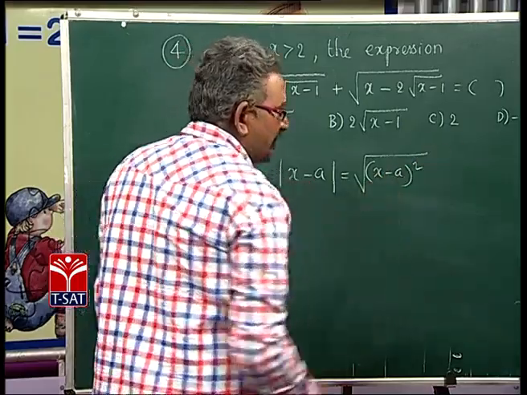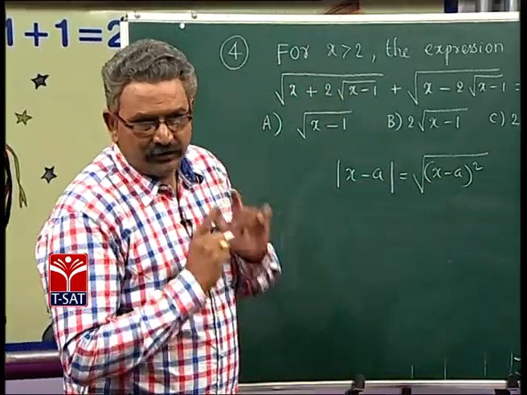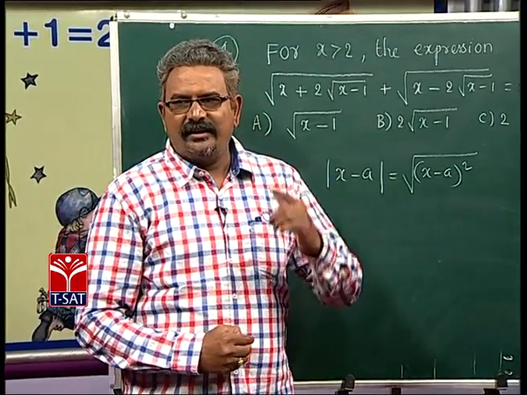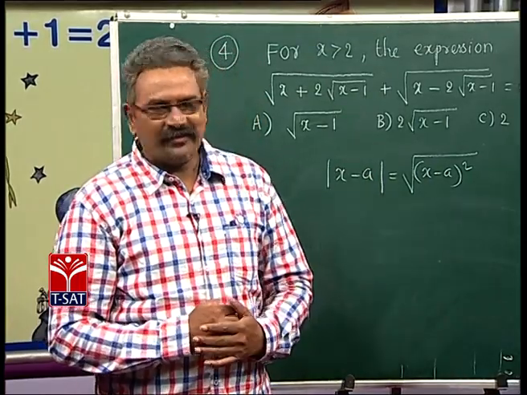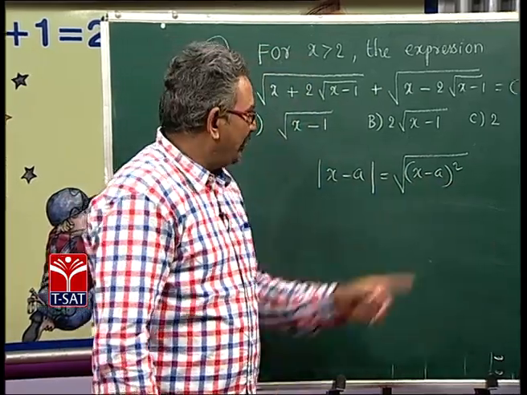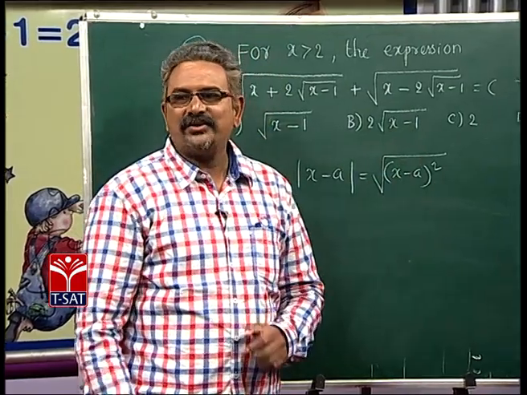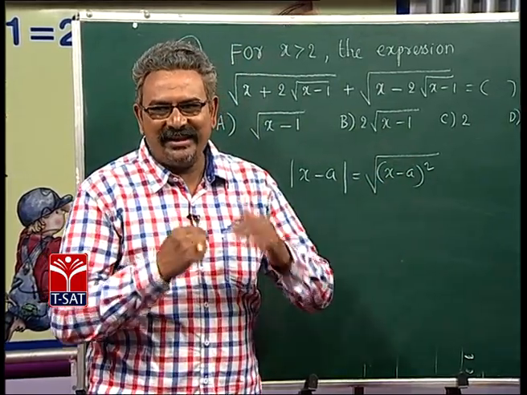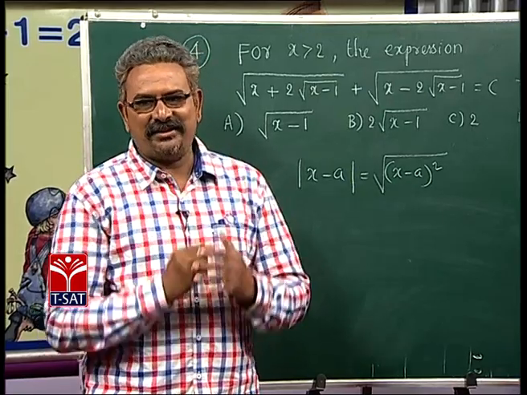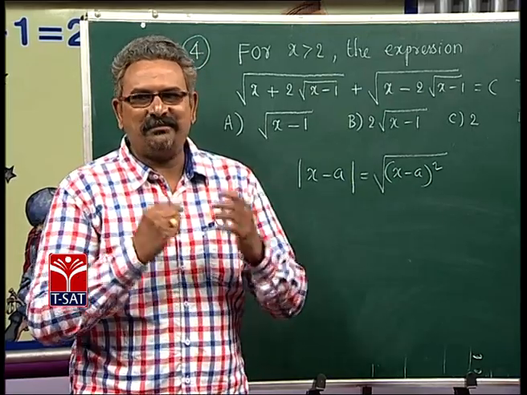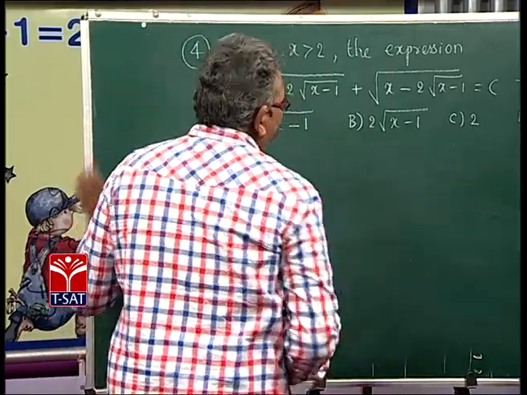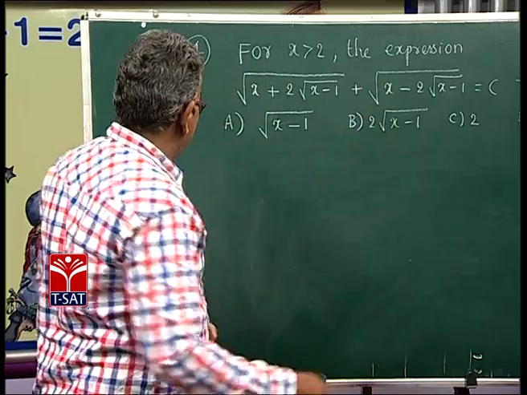The square root of x minus a whole square depends on the conditions. If x greater than a, square root of x minus a whole square is x minus a. X less than a, square root of x minus a whole square is minus of x minus a. So, that is very, very important. Now let us proceed to the problem.